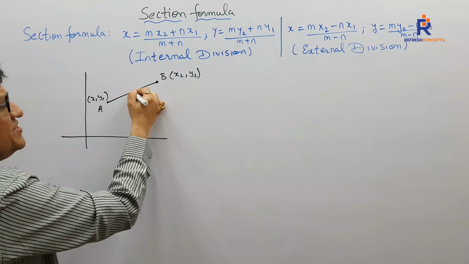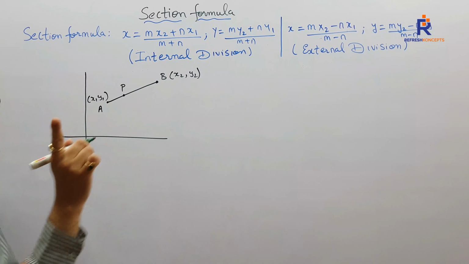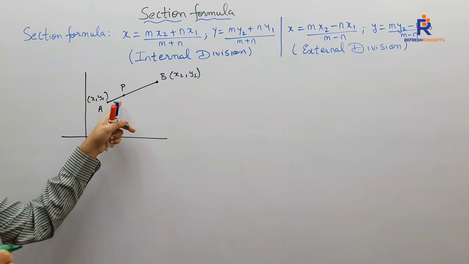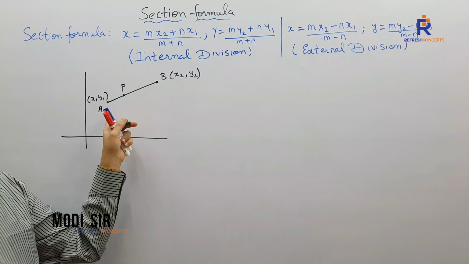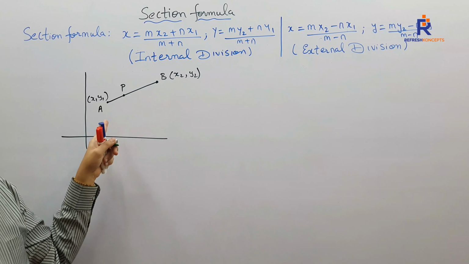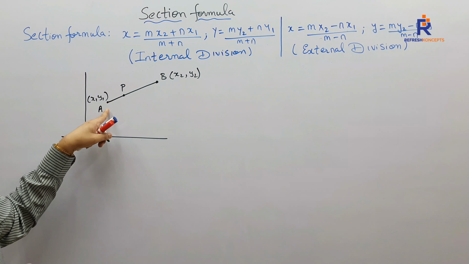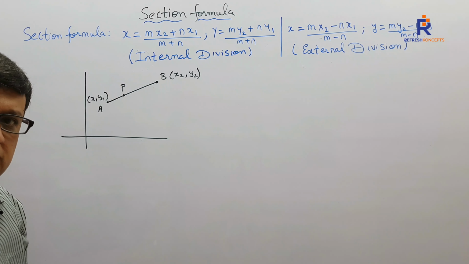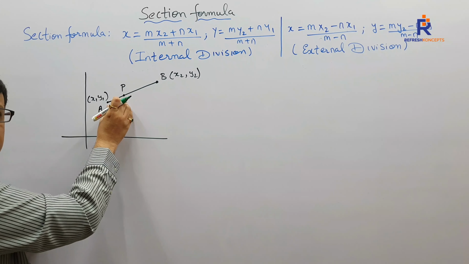I shall say there is any one point P and I have not taken that as a midpoint, mind you. So that's the reason I'm saying either it is closer to A or it is closer to B. Don't take it as a midpoint. I have just taken it as a random point. Is point P as of now dividing AB in some kind of ratio? When I say ratio, can I measure AP? Indeed.